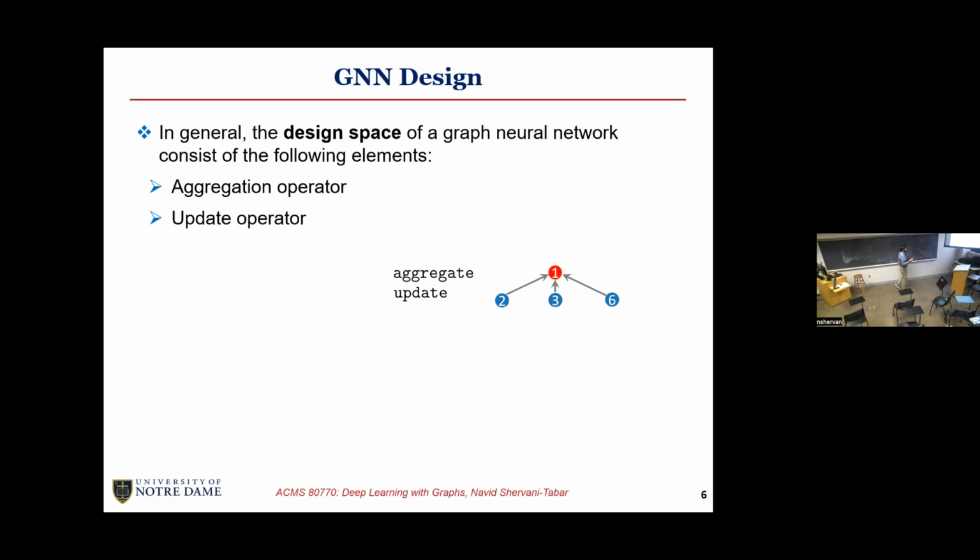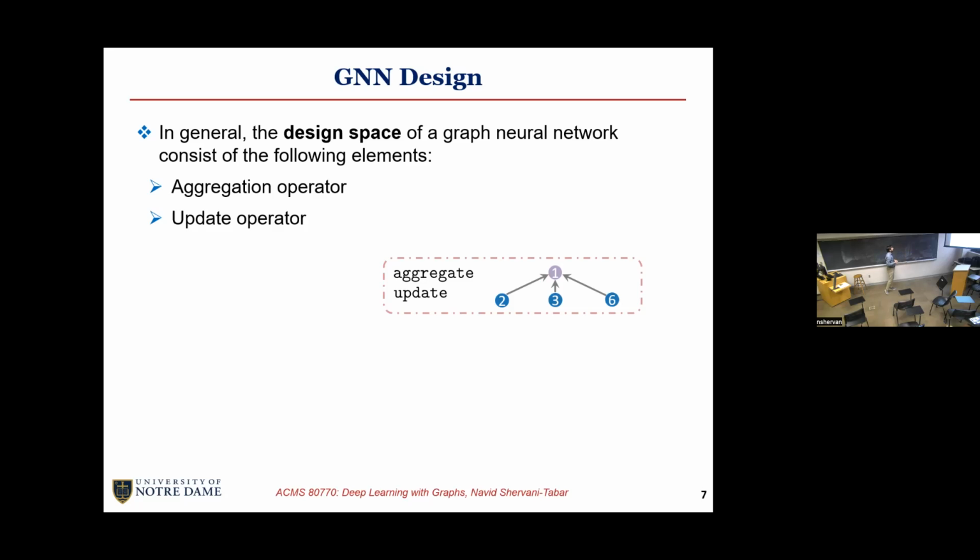So given those elements, we want to define an update function that takes whatever the aggregate function generated and turns that into a new embedding for the node that we are discussing. So the combination of these two gives us our graph neural network layer, a single layer of our propagation layer.